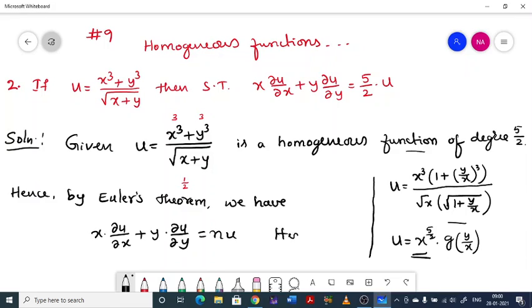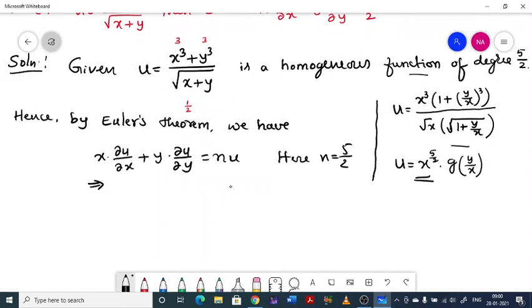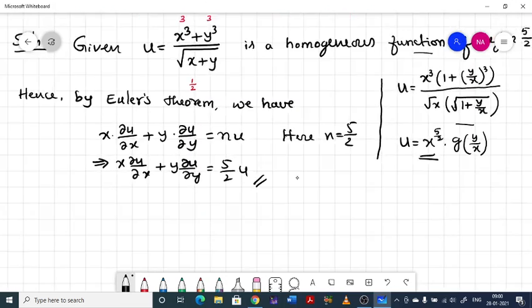Here n equals 5 by 2. So x into dou u by dou x plus y into dou u by dou y equals 5 by 2 u. That completes the solution of the problem.